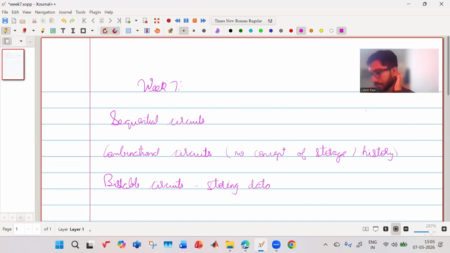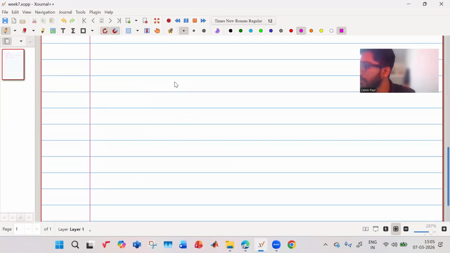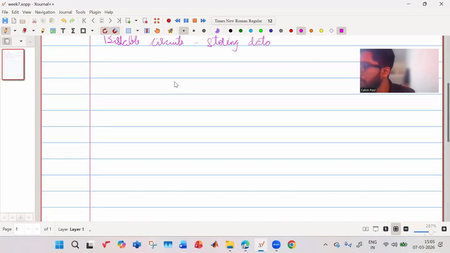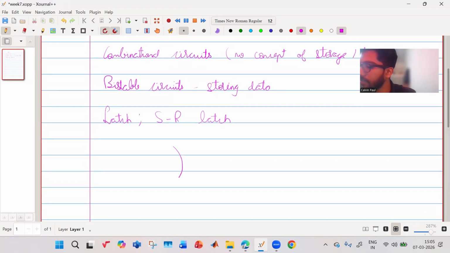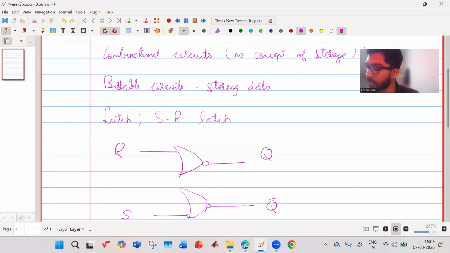Okay, so for that, one basic circuit is considered, known as a latch. And we will start with the basic SR latch. It has this diagram. You use 2 NOR gates for this. Here, this is your input R. This is your input S. Your outputs are renamed Q and Q bar, as you will know that they are complementary to each other.